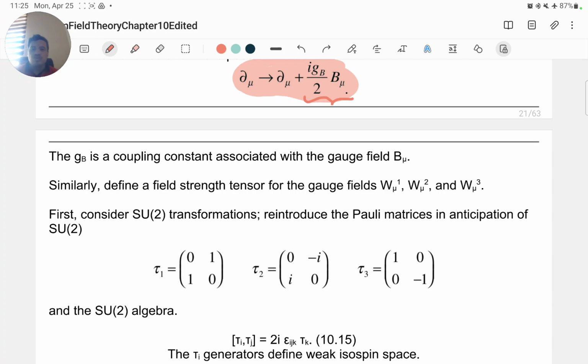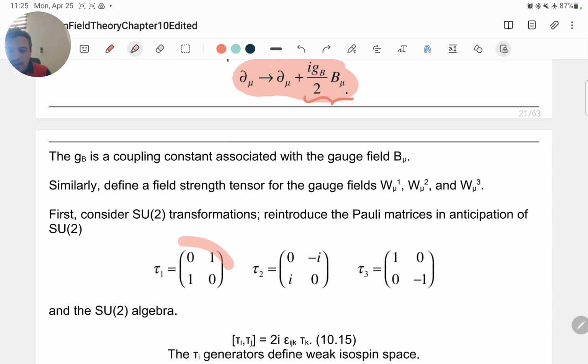Now, since we consider the SU2 transformation, we reintroduce the Pauli matrices in anticipation of SU2. So our Pauli matrices are again given by tau. These are the generators of SU2.